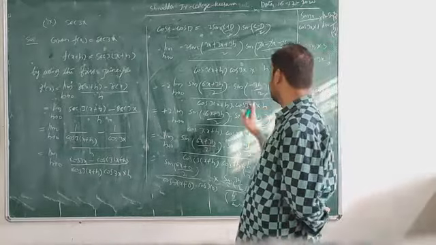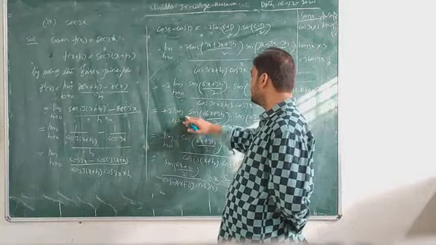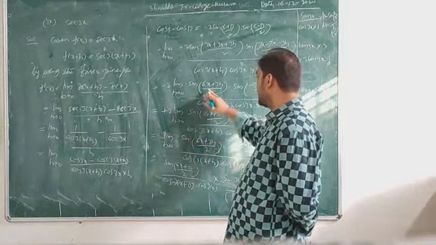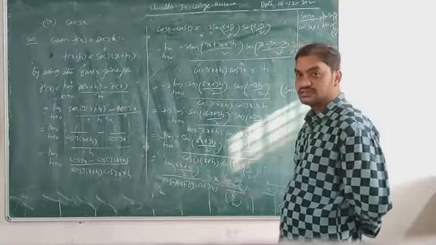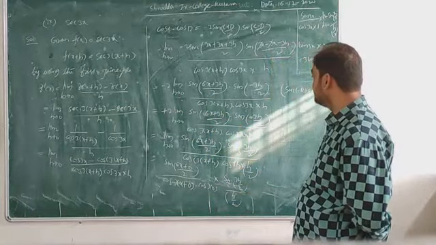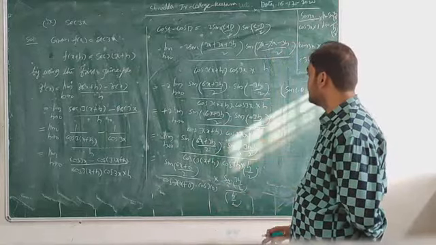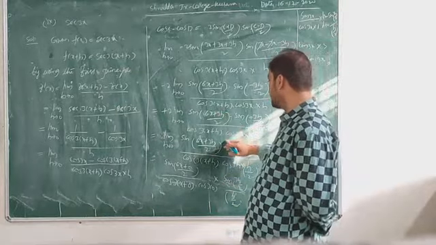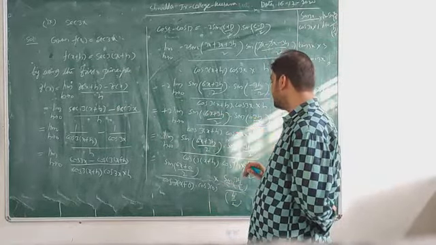Now we have minus into minus, plus. Now 2 into limit h tends to 0, sin of 6x plus 3h by 2 into sin 3h by 2, by cos 3 into x plus h into cos 3x into h.